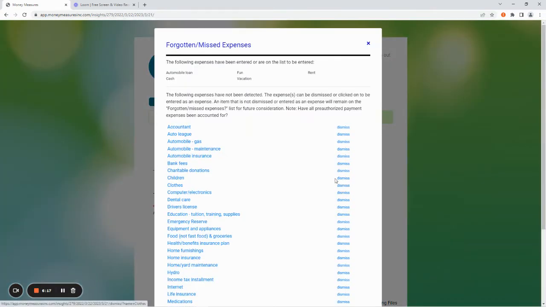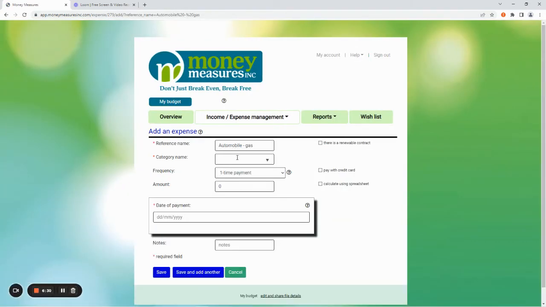I put in a car loan. I didn't put in some things associated with having a vehicle, such as gas. So it's giving me a prompt about that. Automobile maintenance. And you can add them from here.